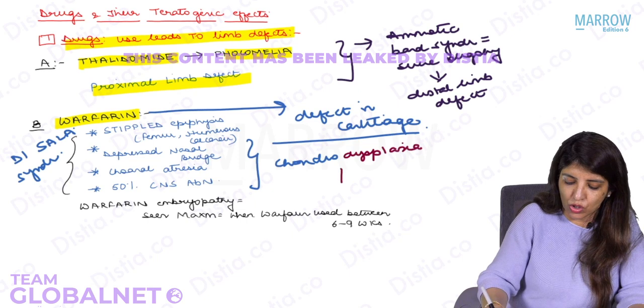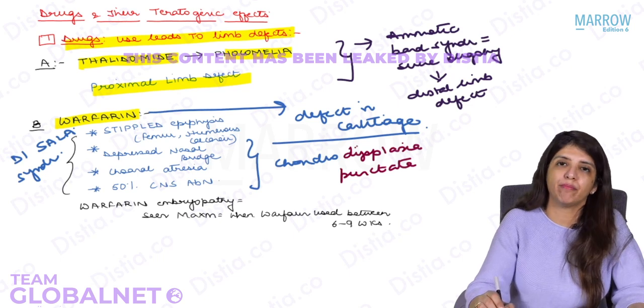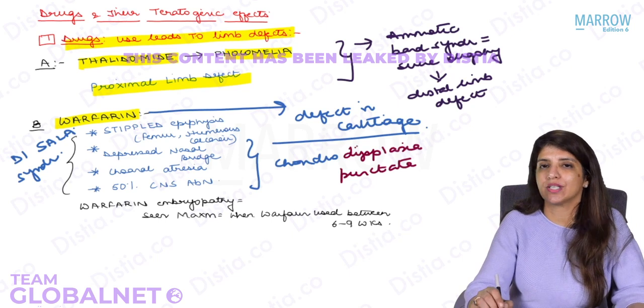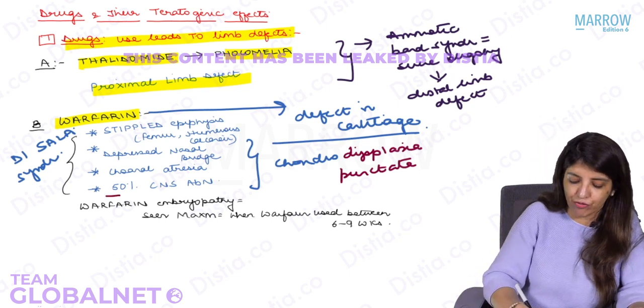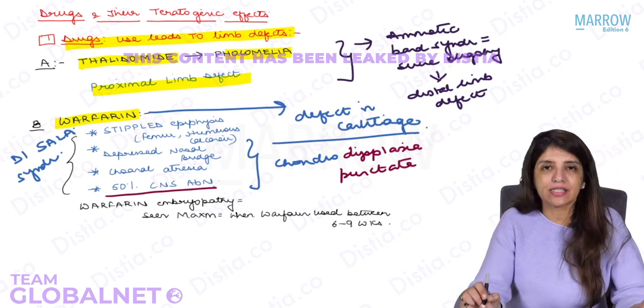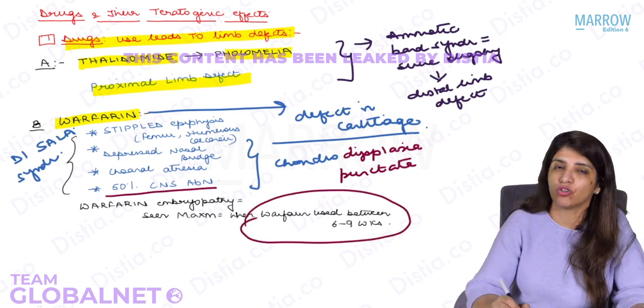So in warfarin embryopathy, the cartilage is affected, so there will be choanal atresia, stippled epiphysis, depressed nasal bridge, and in 50% cases you will also get CNS abnormality. It is seen maximum when warfarin is used between 6 to 9 weeks of pregnancy.